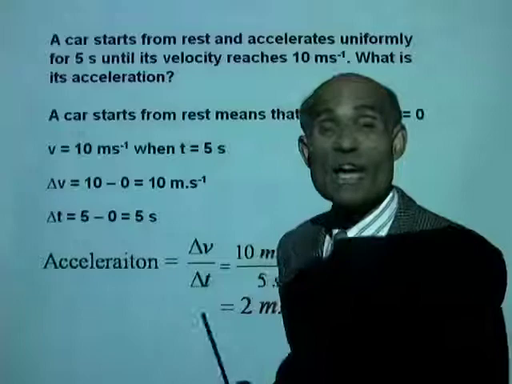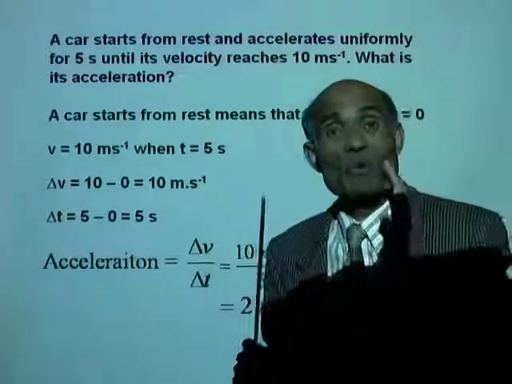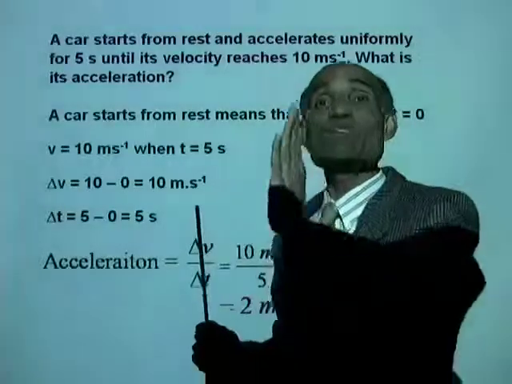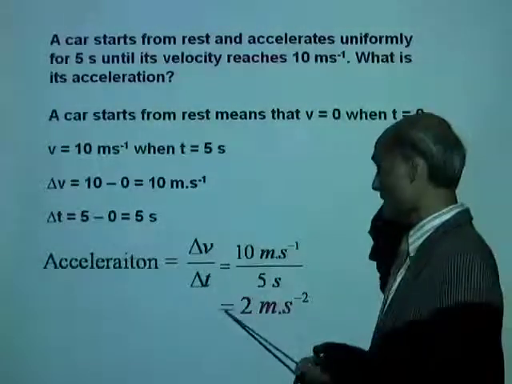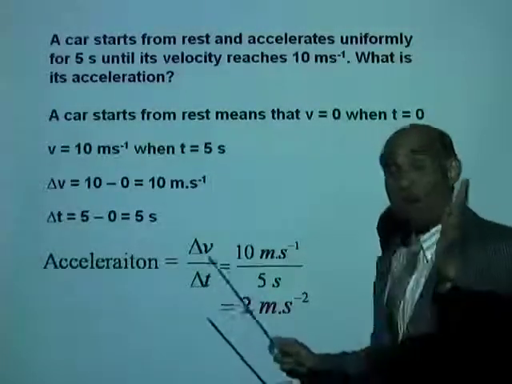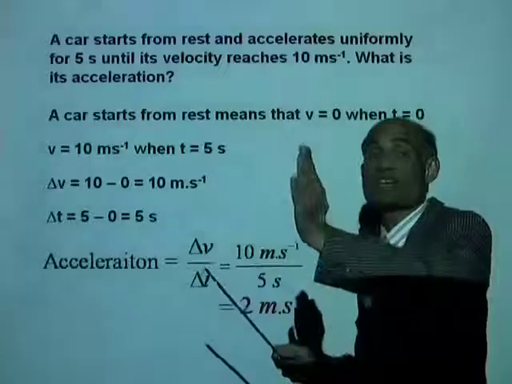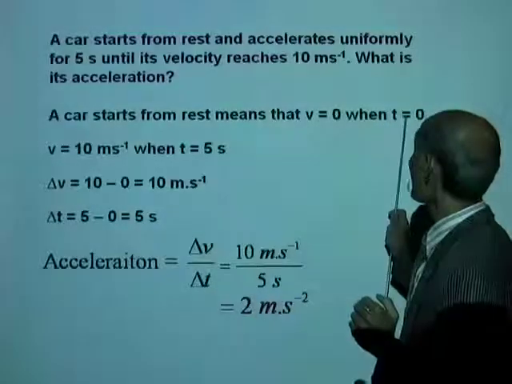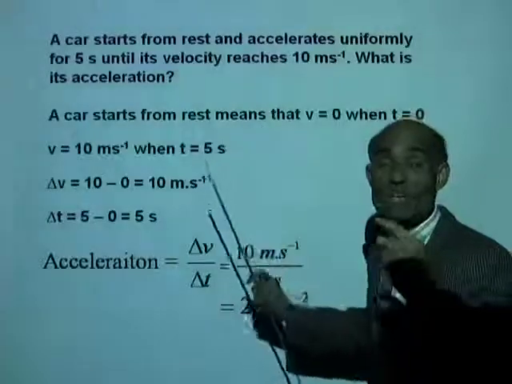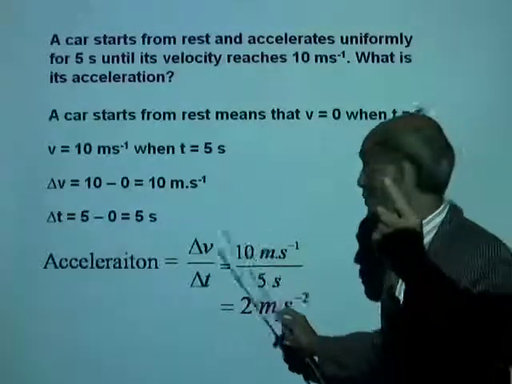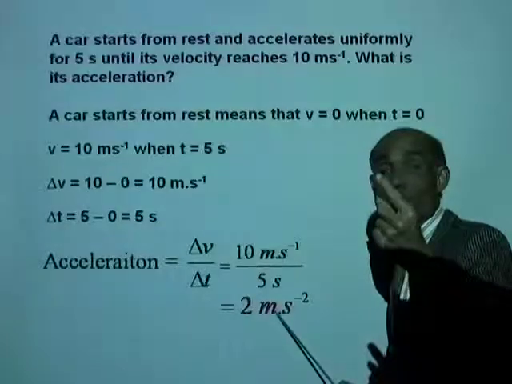It means every second the velocity of the object increases by 2 meter per second. That's the meaning there. Acceleration is positive, velocity is increasing. That means when time t equal to 0, the velocity is 0. When t equal to 1 second, the velocity is 2 meter per second.